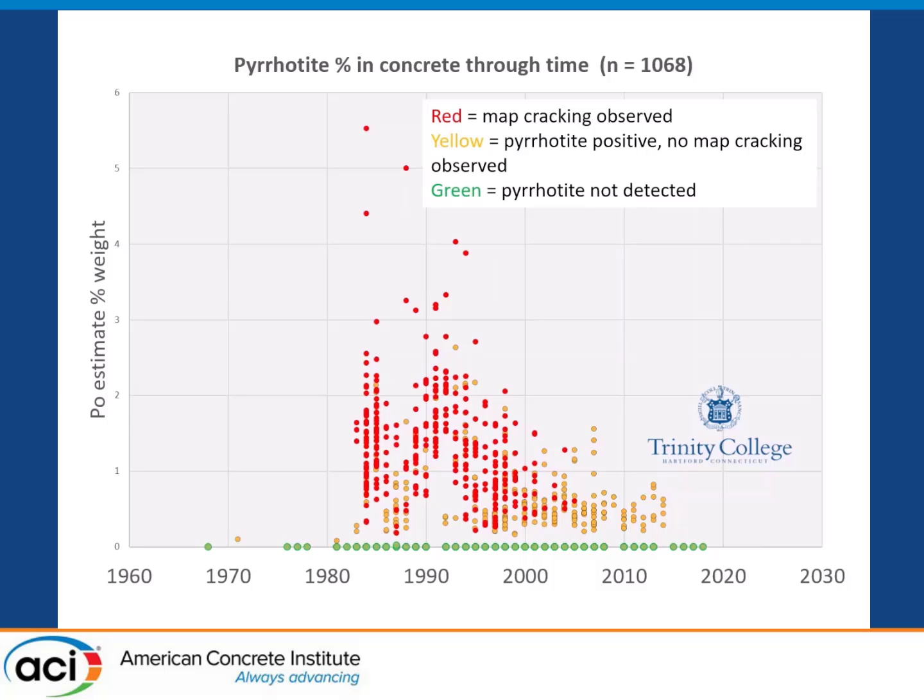This could be because just naturally the quarry moved away from that material or deliberately moved away from that material. And the other thing too is that we have not seen a home post-2005 that has map cracking, especially at the low concentrations. And this fits into about 15 years-ish worth of time it takes for these homes to develop map cracking.